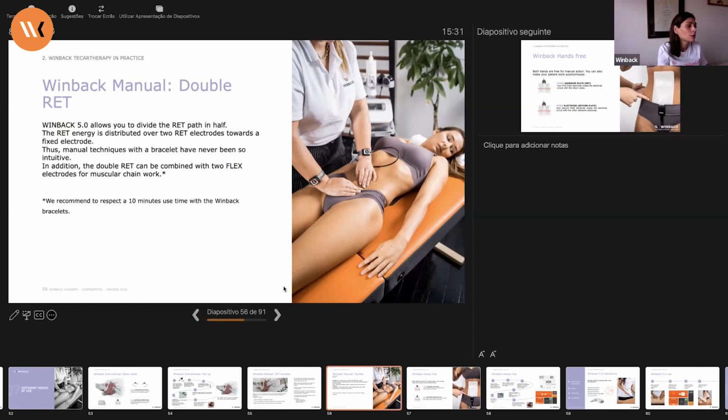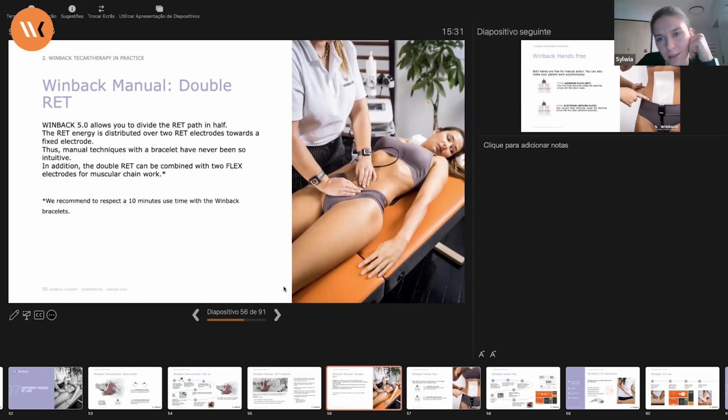In addition, the double red can be combined with the two flex electrodes, like I told you before, if you want to do muscular chain work from the lower limbs. You can connect two active electrodes, one for each limb, and place the return plate on the back.